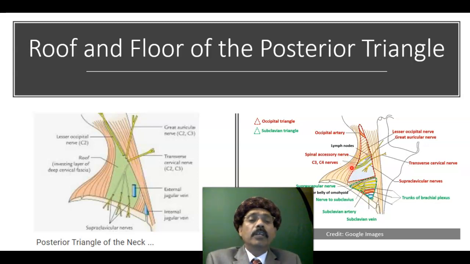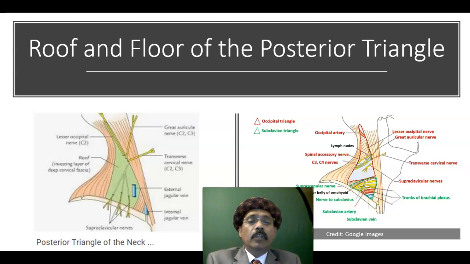Proprioception means the sense of position and movement, and that is carried by these nerves. These are sensory; they sense the position and movement of muscles and joints.